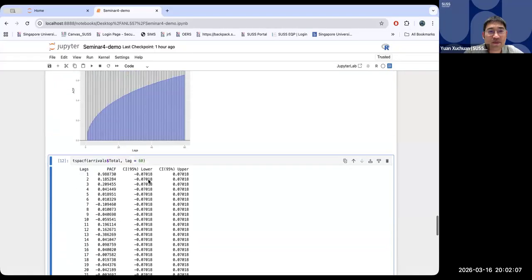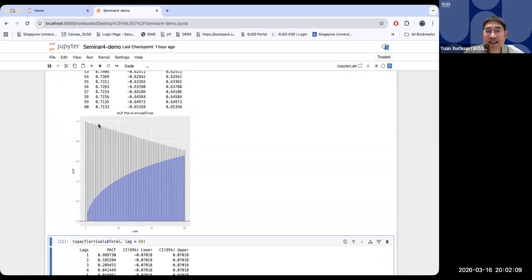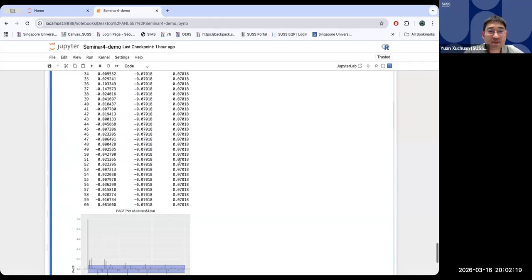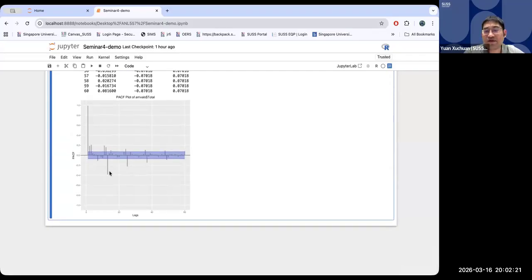So we know the ACF decays slowly, so it indicates there is a clear trend in this time series. And if you look at the PACF, at certain lags, lag 12, lag 24, lag 36, the PACF is significantly different from zero.